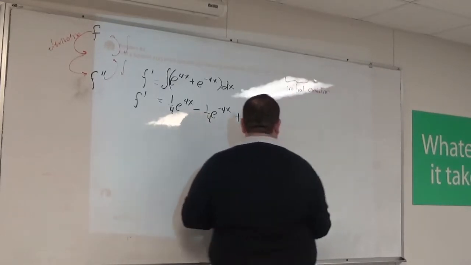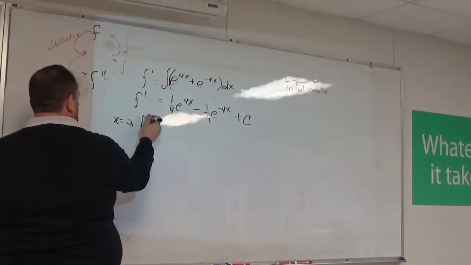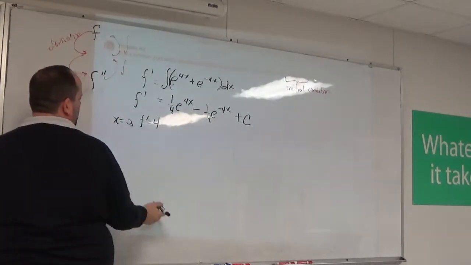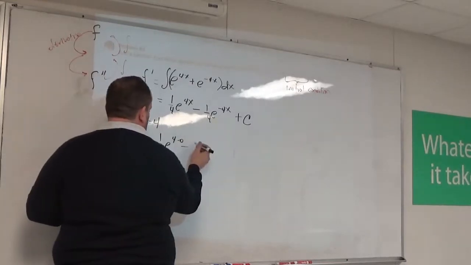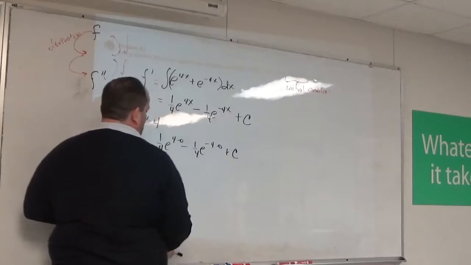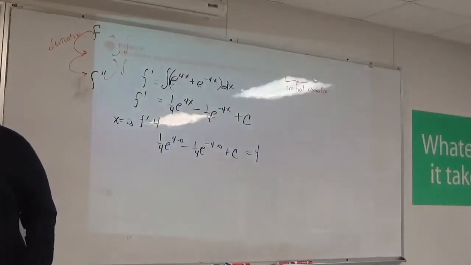So if f prime of 0 is equal to 4, that basically says that if x equals 0, then f prime is 4. So plug in 1/4 e to the 4 times 0 minus 1/4 e to the negative 4 times 0 plus c. All that is supposed to equal 4.